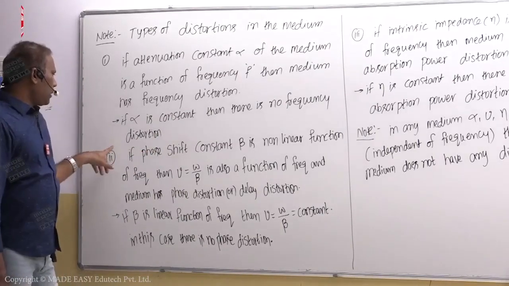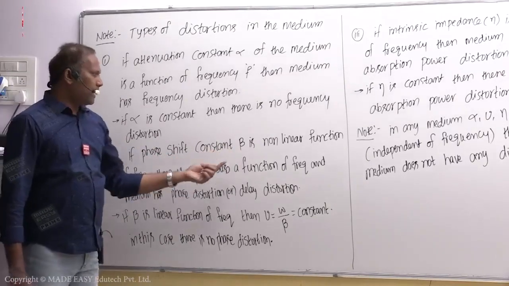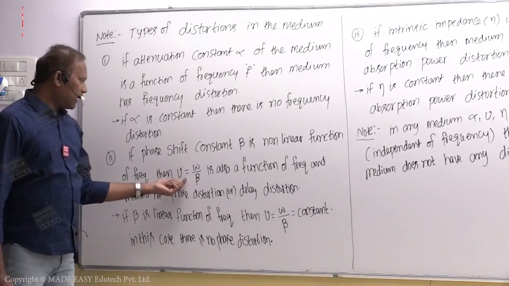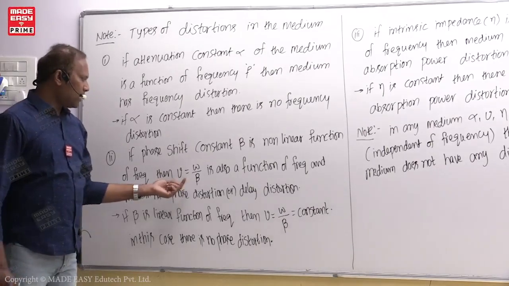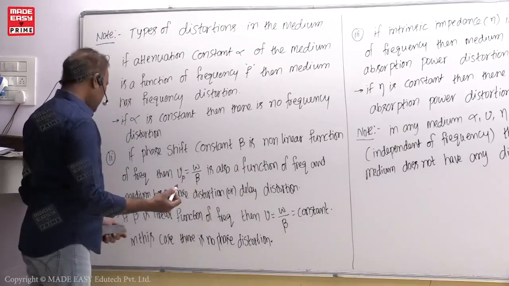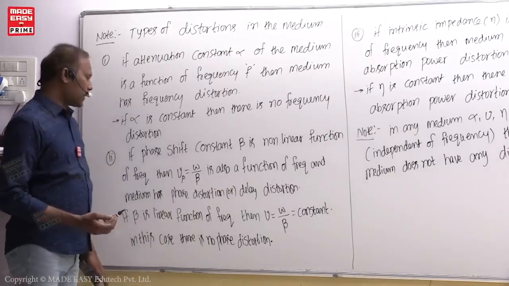Okay. Now, if the phase shift constant beta is a nonlinear function of frequency, then phase velocity, which is omega by beta, is also a function of frequency, and the medium has phase distortion, or otherwise delay distortion.